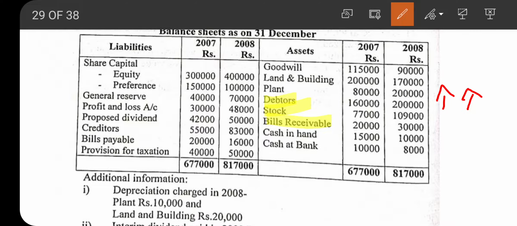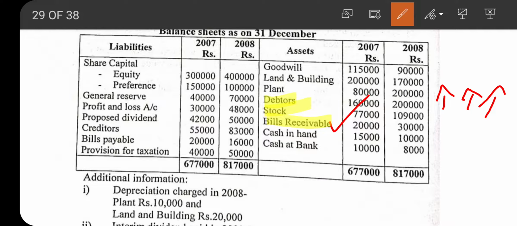An increase in the current asset. Bills receivable: opening balance is 20,000, closing balance is 30,000. An increase in the current asset. So we write less increase in current assets for these three items. All the current assets have increased.